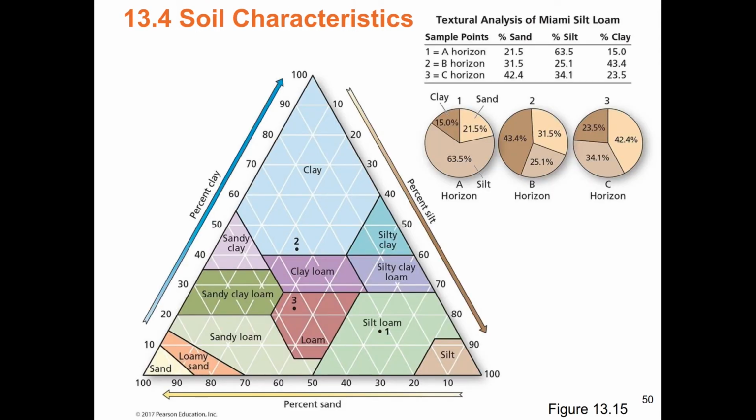So let's look at the triangle. So this would be all silt. This would be all clay. This would be all sand. Someplace in here would be a mix of clay and sand. Well, here you've got loam. Less on the clay, and midway between sand and silt would be loam.